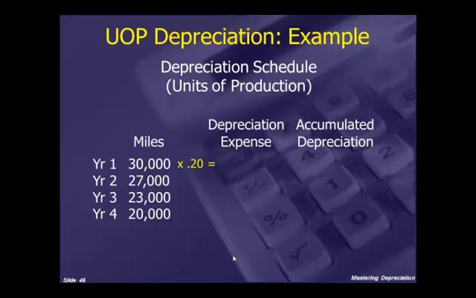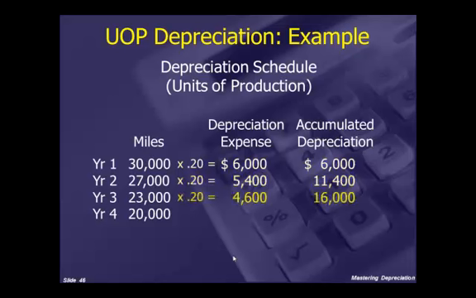So here's how we're going to work this. Take the number of miles driven times the 20 cents per mile rate, and the depreciation expense is showing in year 1 of 6,000. We're going to do that in year 2, year 3, and year 4. The accumulated depreciation has been increasing each year, because accumulated depreciation in year 2, 11,400, is the 6,000 for year 1 plus the 5,400 for year 2.